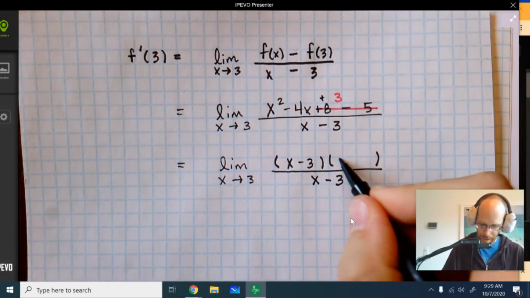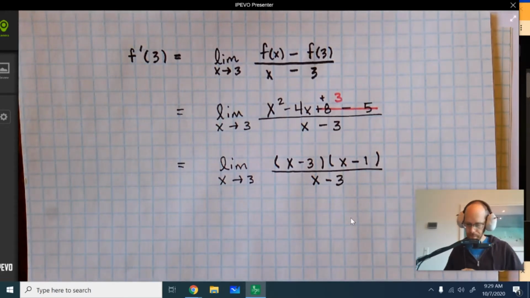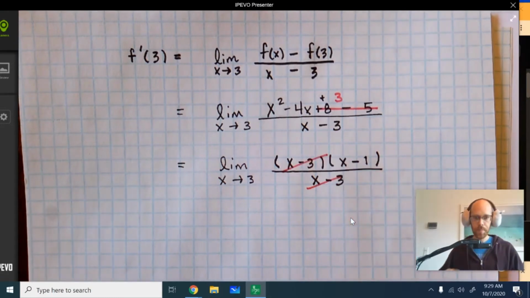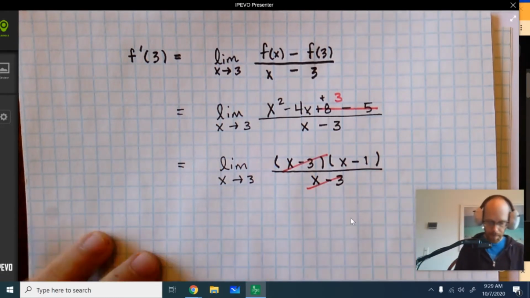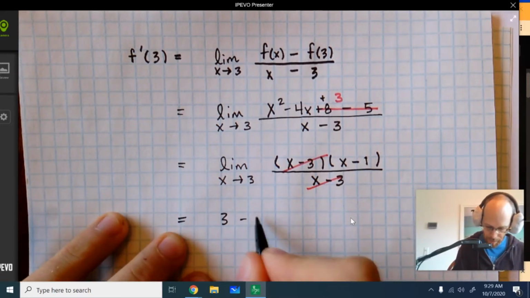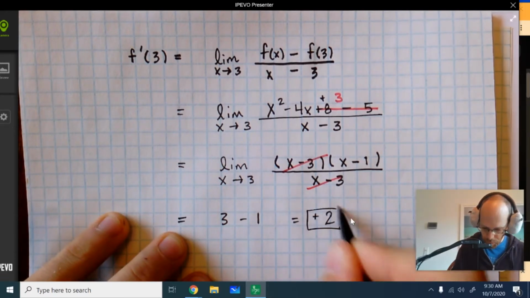In this case, it'll be x minus 1. The x minus 3's cancel. We are left with the limit as x approaches 3 of x minus 1. So we plug in 3 minus 1 equals positive 2.